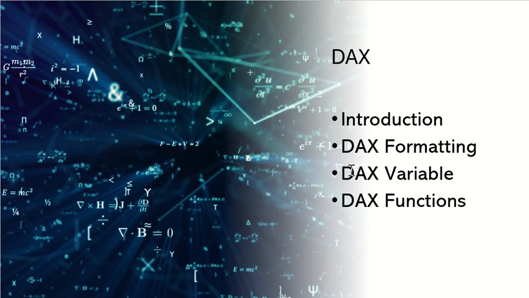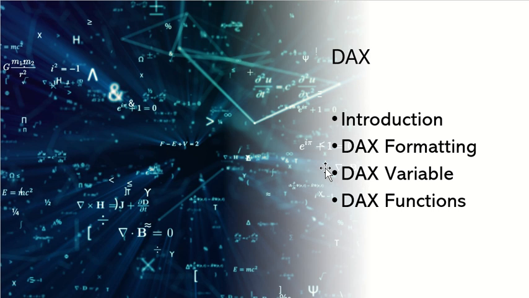Next topic is DAX functions. DAX functions are the backbone of creating sophisticated data models and calculations. They can be categorized into different types, like aggregate functions and filter functions.